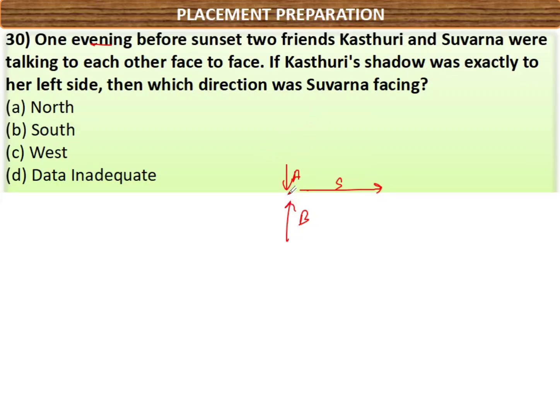Now tell me, this shadow is towards whose left? A's left. In the question they are telling her left. Here her refers to Kasturi. So it is towards A's left. So this A is Kasturi. Who is the other girl? Suvarna.